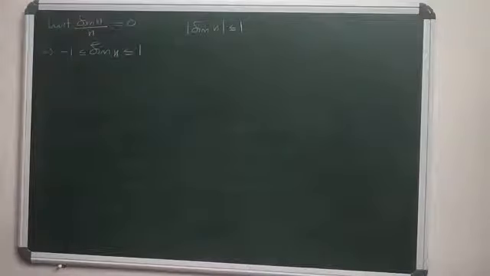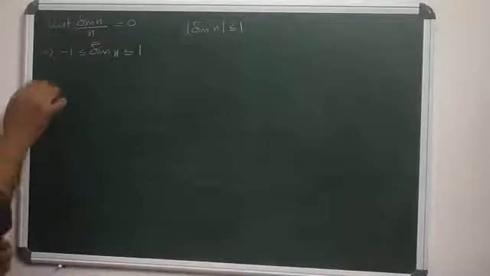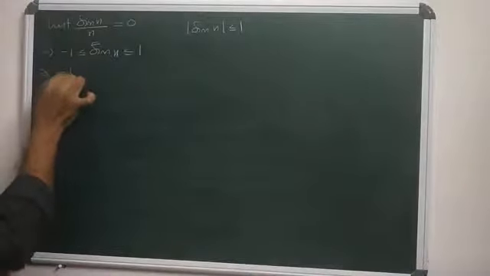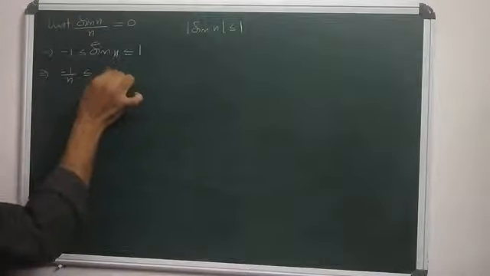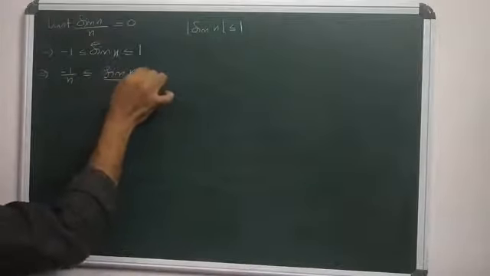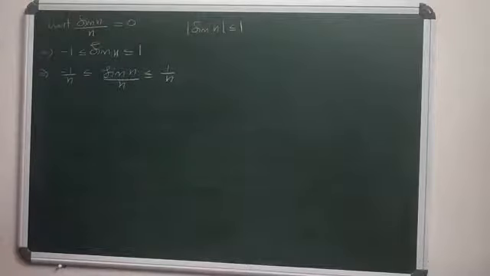Mod sin n less than or equal to 1 means minus 1 less than or equal to sin n less than or equal to 1. That means minus 1 by n is less than or equal to sin n by n, which is less than or equal to 1 by n.